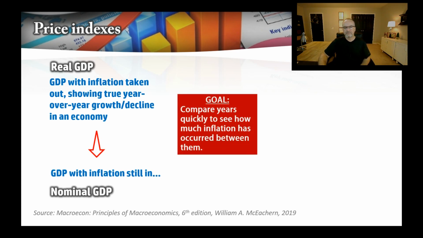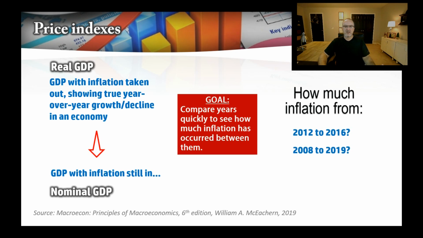But here's the goal. If we want to be able to compare years quickly to see how much inflation has changed over a period of years, not just say 1 year from 2019 to 2020, for example, but we want to say, for example, how much did inflation change from 2012 to 2016?